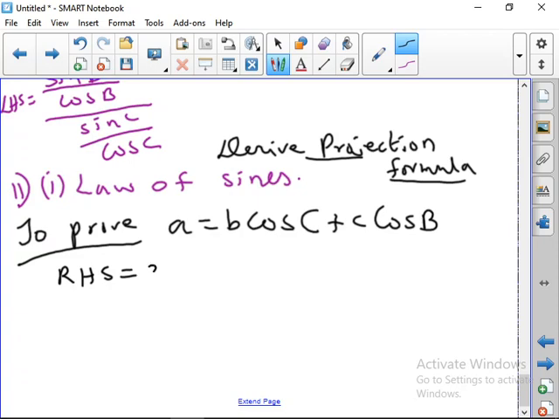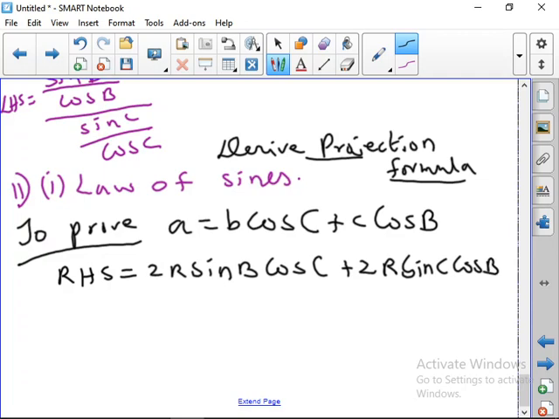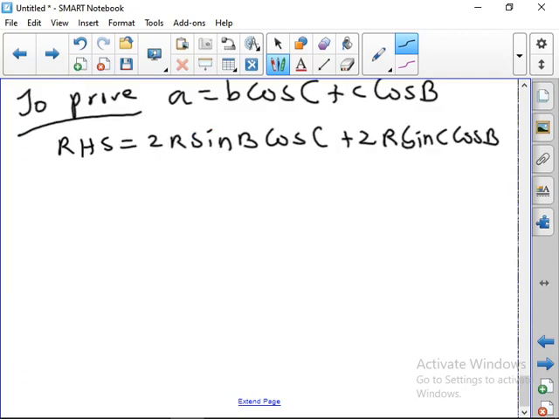b எப்படி எழுதிடலாம்? 2r sin b எழுதிடலாமா? 2r sin b cos c plus c எப்படி எழுதிடலாம்? 2r sin c into cos b. Okay, now it is equal to 2r is common.